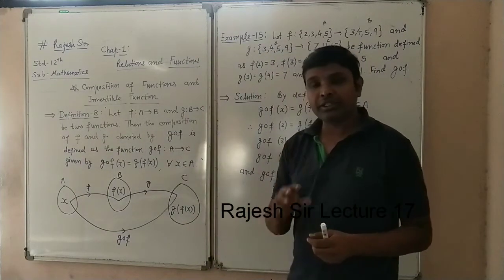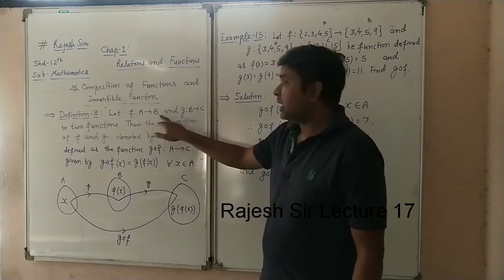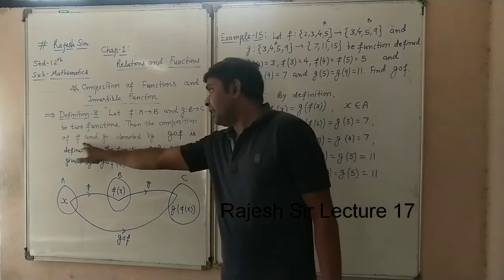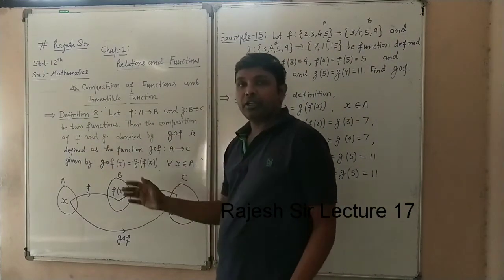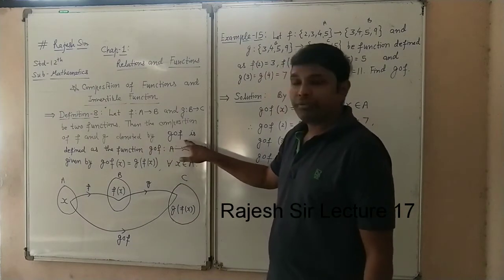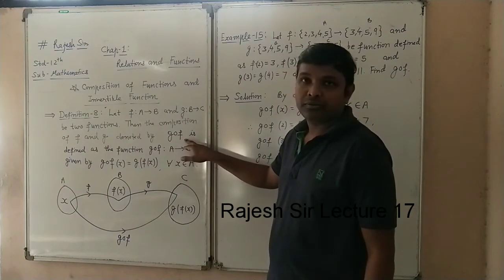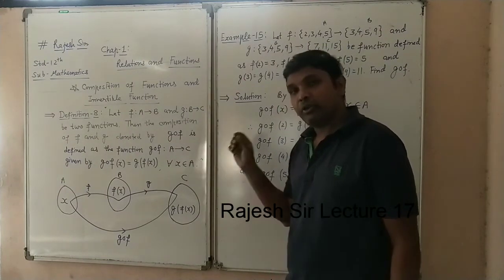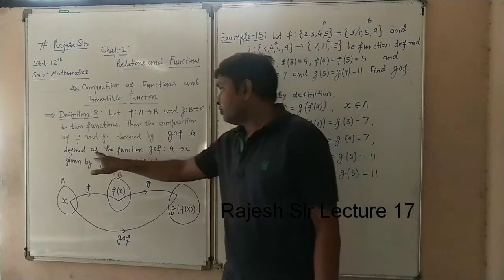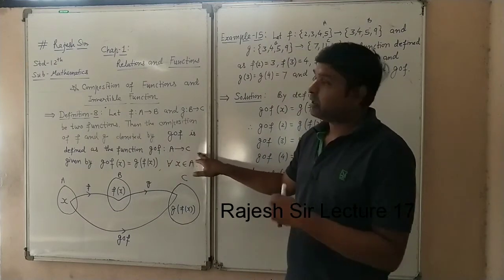Then the composition of f and g, if we combine the f and g functions, is denoted by gof and read as g of f, the function g of function f. It is defined as the function gof from A to C.